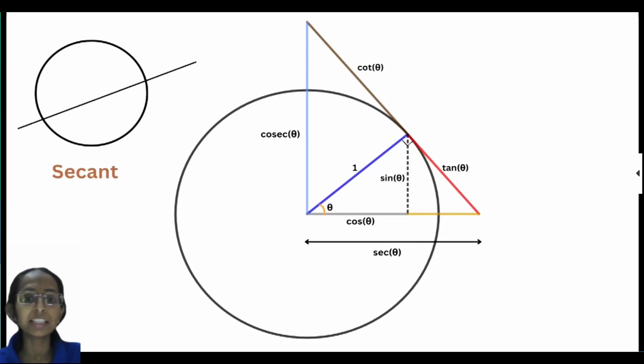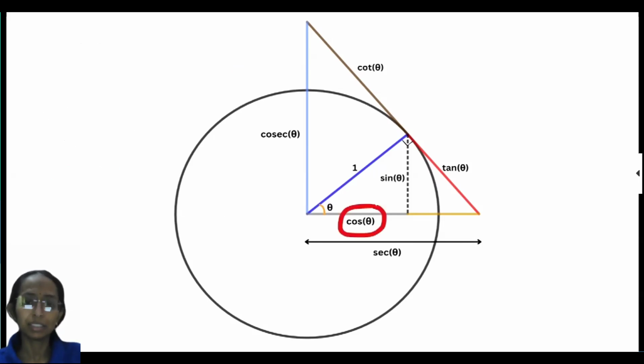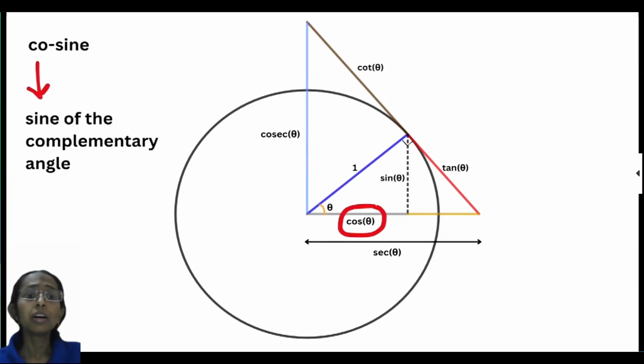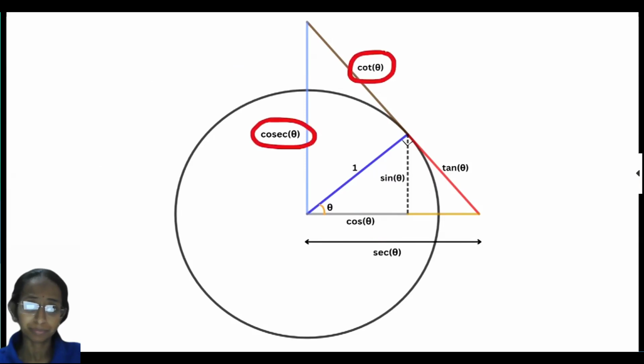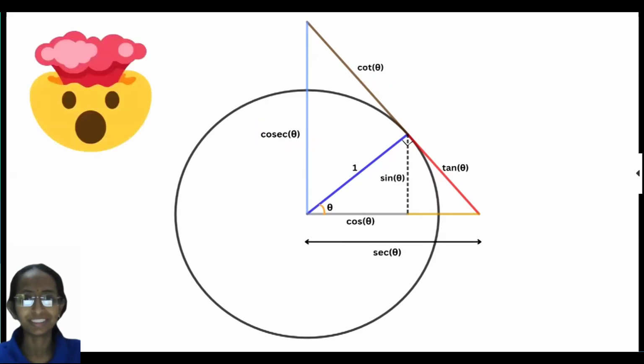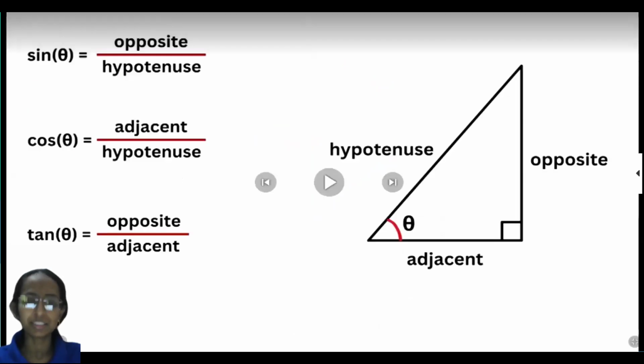So when we extend this line, it again crosses the circle and becomes a secant. So here the name derived was sec theta. Now cos theta is cosine, that means complement of sine. In the same way, cosec is the complement of sec and cotangent is the complement of tan. So here we got these names.